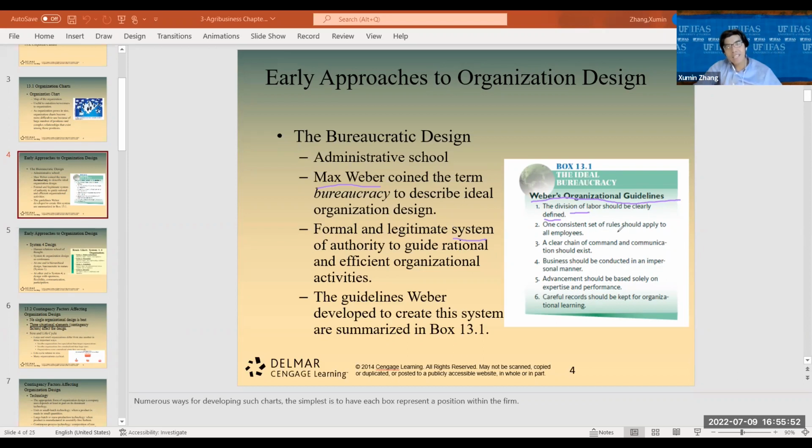The second is consistent rules for all these employees. They don't really care about the employee, they care about the rules. And then there will be the reporting line, clear command, and communication in an impersonal manner.